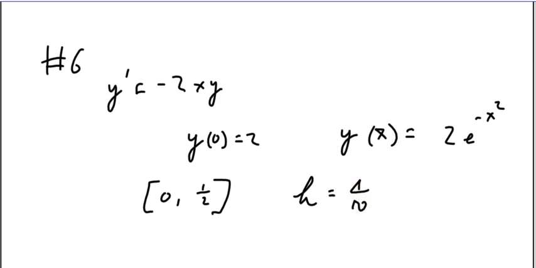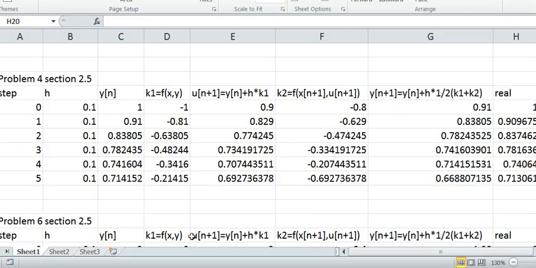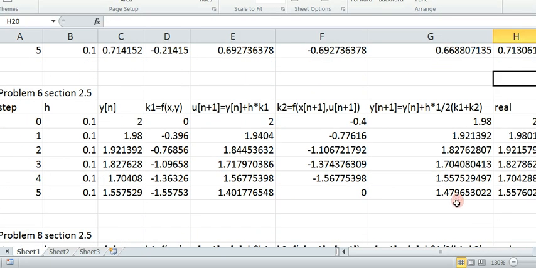We'll go back to our spreadsheet and look at the other next guy. And we see that we're very close to the real answer. Exponential minus x squared. Minus 2xy. Again, my x is my A column times my B column.